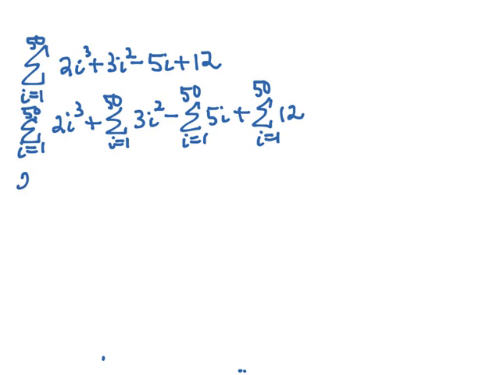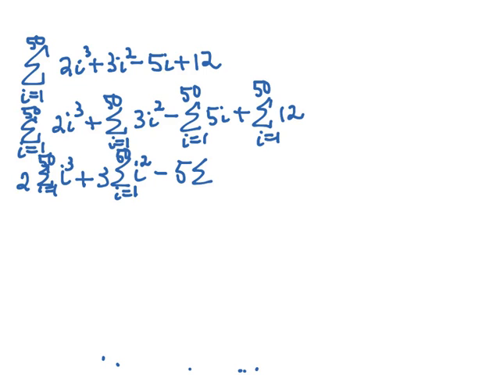So this is going to be 2 times the sum from i equals 1 to 50 of i cubed, plus 3 times the sum from i equals 1 to 50 of i squared, minus 5 times the sum from i equals 1 to 50 of i, plus for our final term, we have a constant that we're adding up 50 times, so we're going to use property number 1, which says you just multiply 12 times 50.